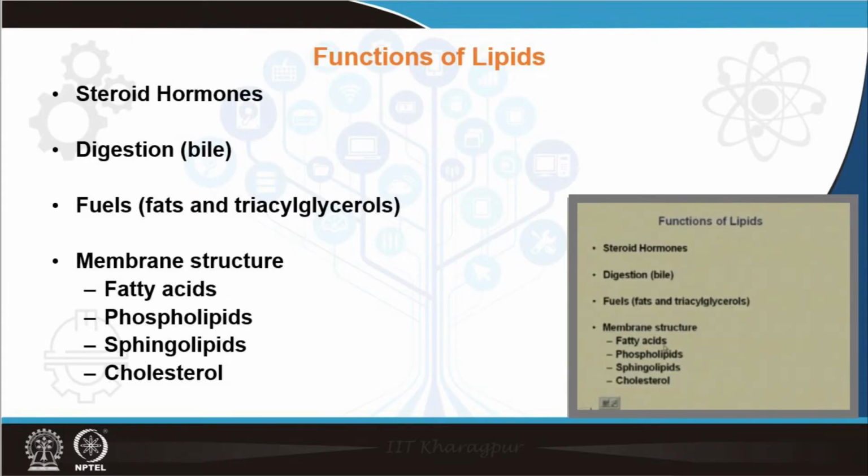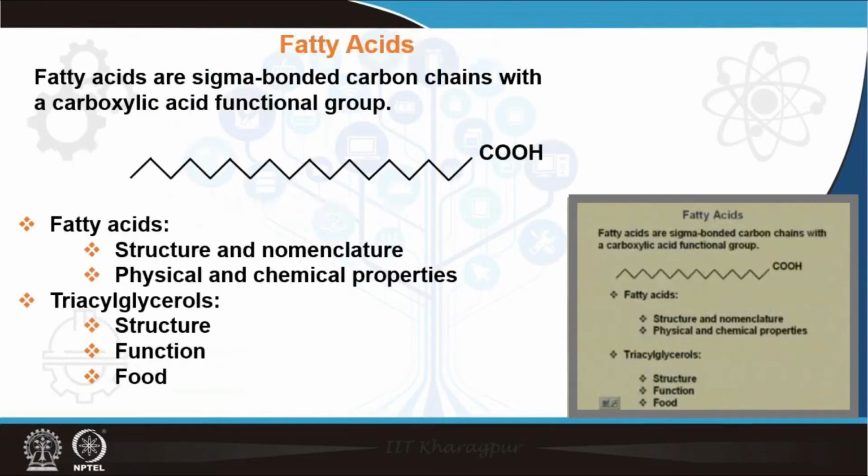Now, what we mean by a fatty acid is a long chain acid. In the organic carboxylic group that we speak about, we speak of a C double bond O, OH being the acid moiety. What we have here is a long chain hydrocarbon with a COOH attached to it.